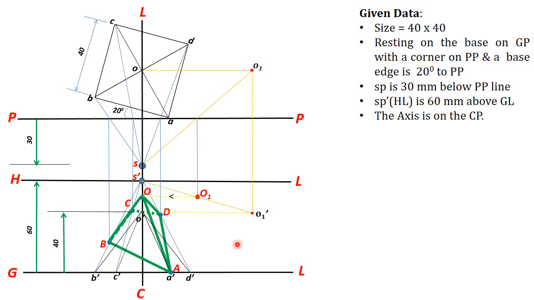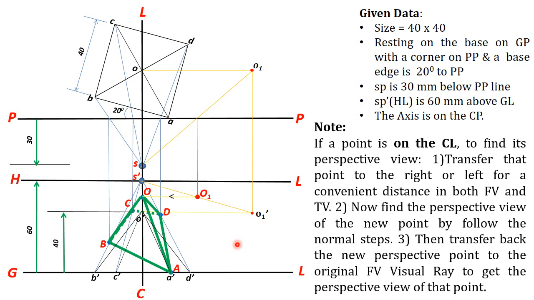Okay, in this problem we have got another point to remember. That is, if a point is on the center line, to find its perspective view, these steps to follow.